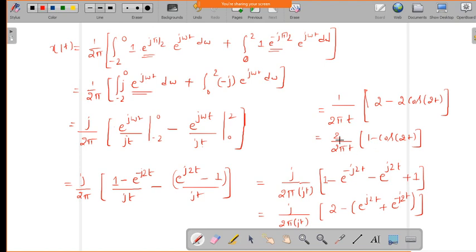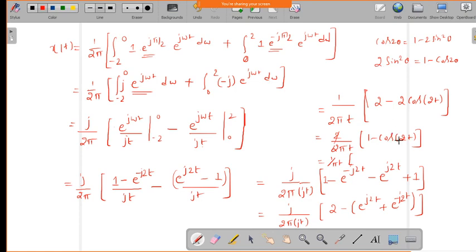Now these 2 will cancel each other, so we can write this as 1 over pi t into 1 minus cos 2t. Now cos 2 theta we know is 1 minus 2 sin square theta. So 2 sin square theta we can write as 1 minus cos 2 theta.